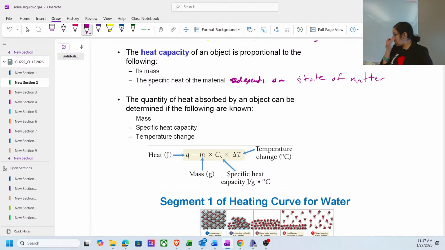This can be a pain if you're off in the research world trying to do a different substance, because then you need to look up the specific heat of that substance for a solid, a liquid, and a gas, depending on the temperature range. Other things you would want to keep in mind are, of course, the melting and boiling point.